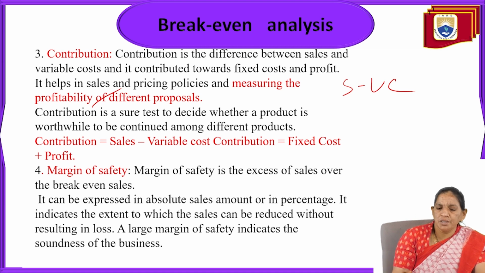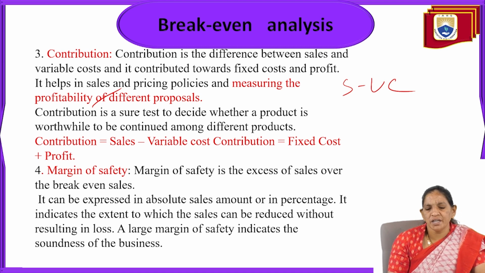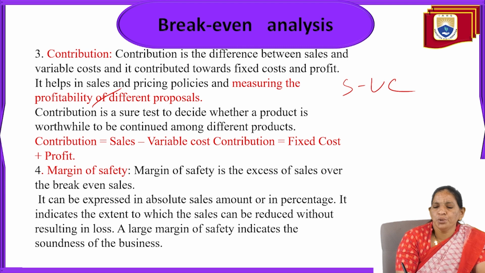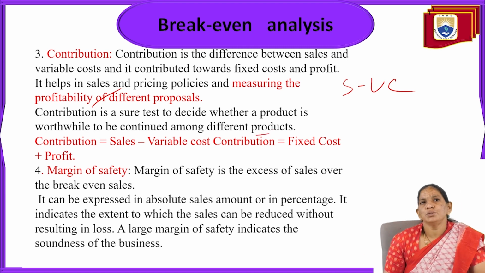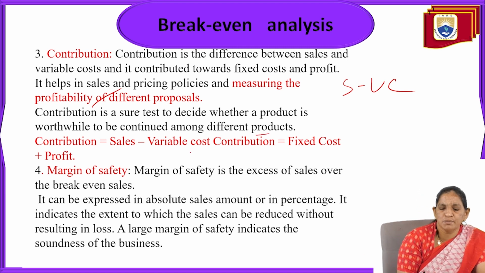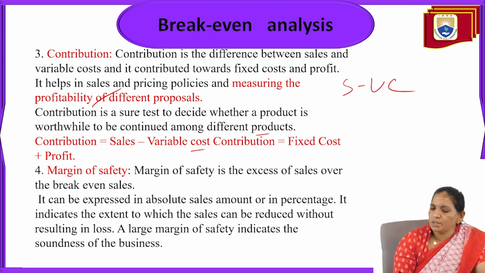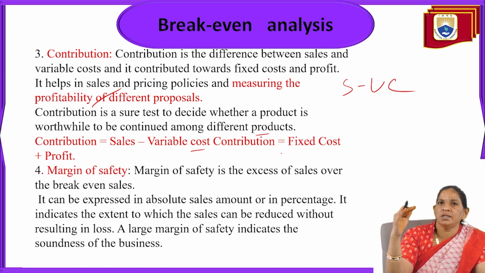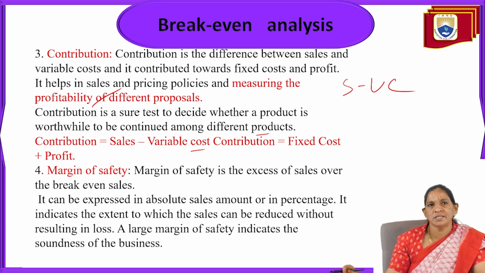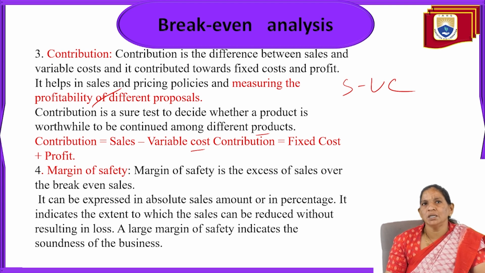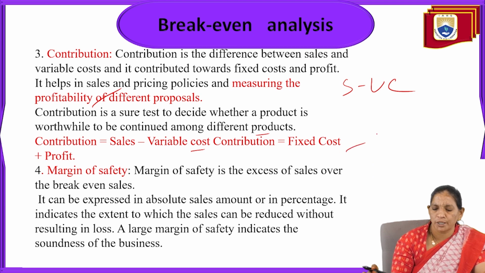So in order to get this contribution, sales minus variable cost, or sometimes what I said, it comes from down, that is fixed cost plus profit. So the third important calculation in case of BEP is contribution.